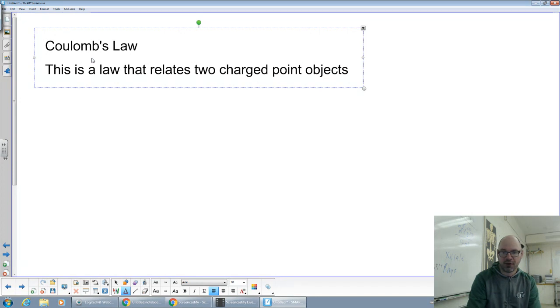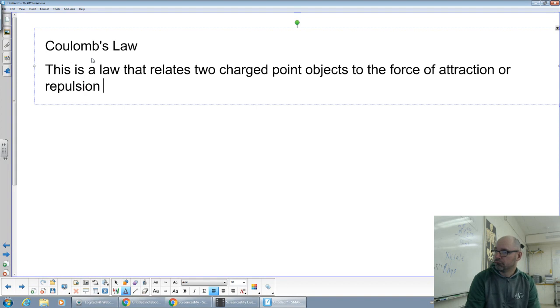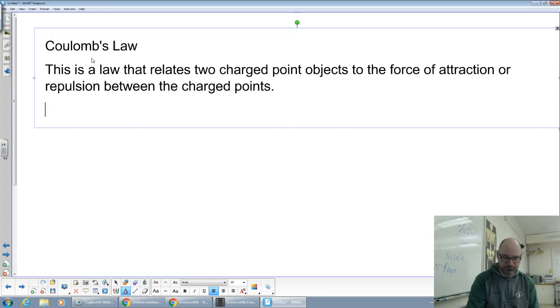So really point objects to the force of attraction or repulsion between the objects or the points, charged points. And so what Coulomb found was that the size of the charges mattered.